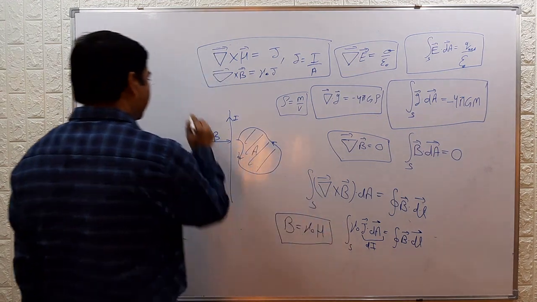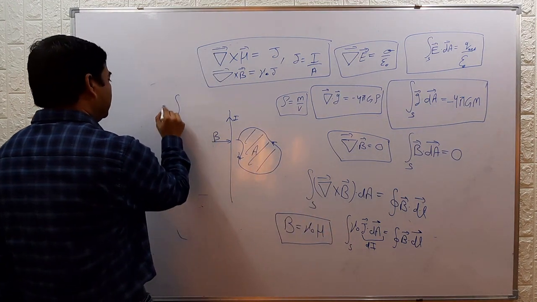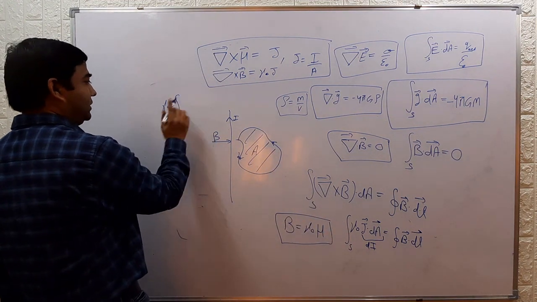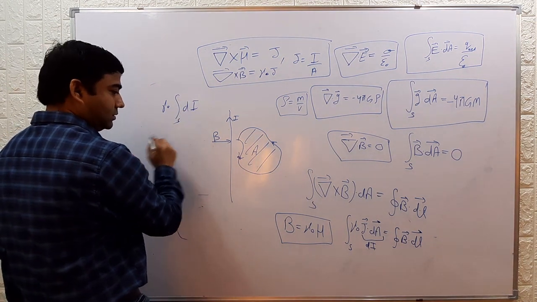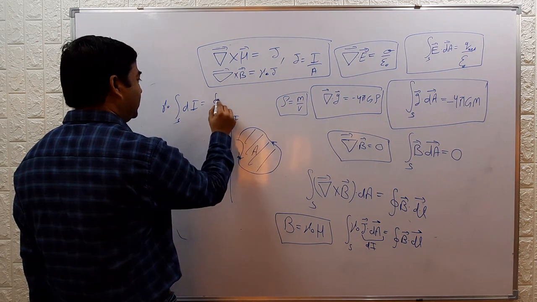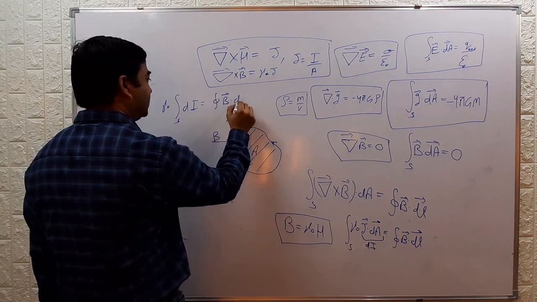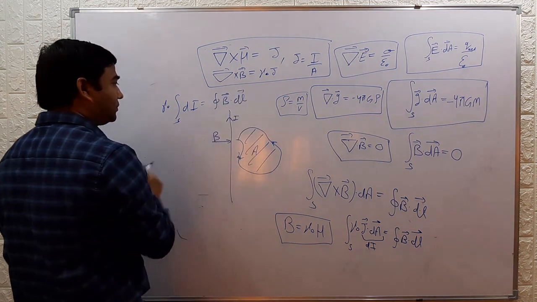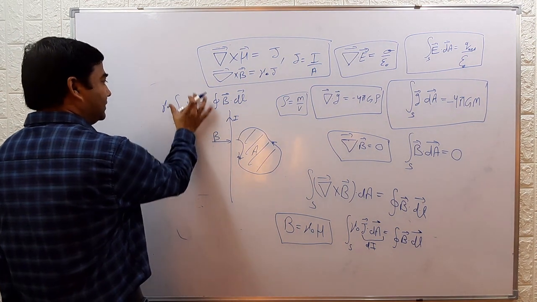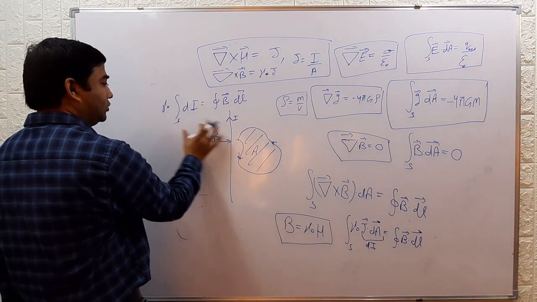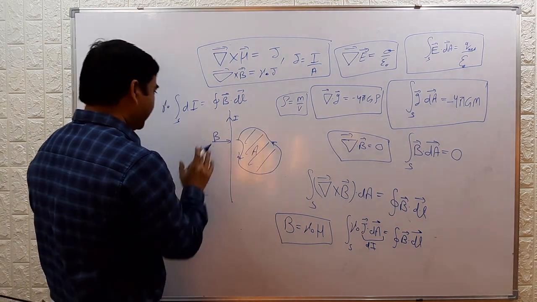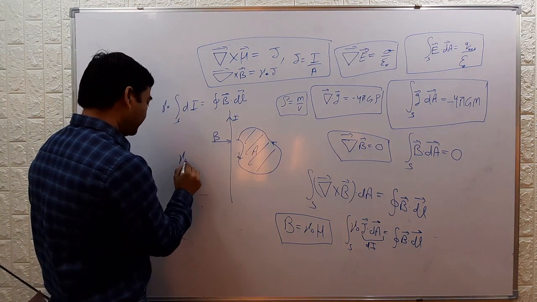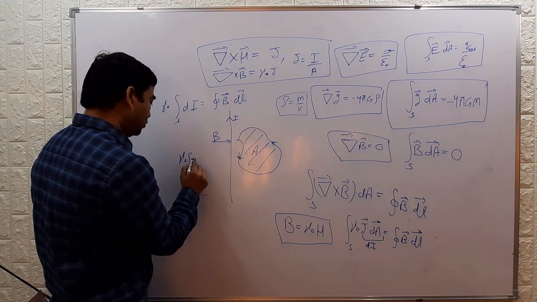So you can write it like this. Mu 0 you can take out, it is a constant. Integral of dI is equal to circulation of B dot dl. Integration of dI through this surface is nothing but mu 0 into total current.